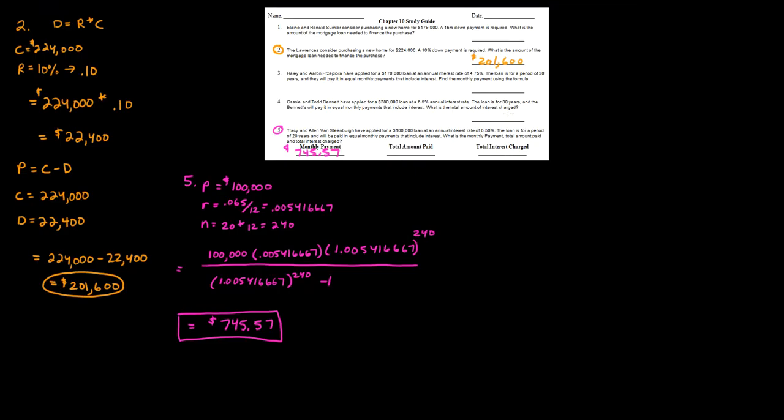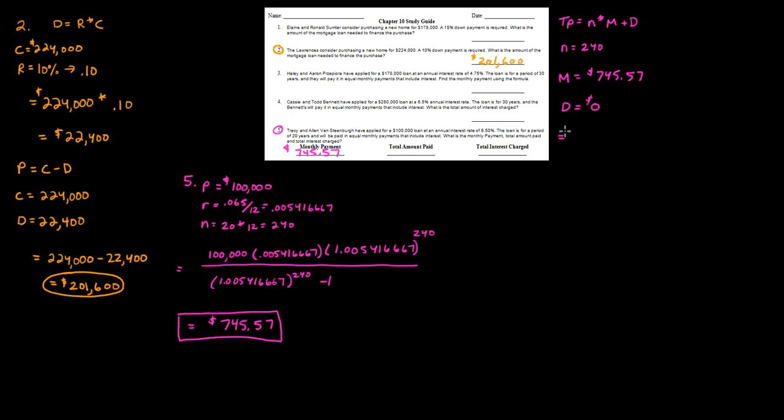My total amount paid. The total payment is going to be the number of payments times my monthly payment plus my down payment. My number of payments here, we said it was 240 because it's a 20-year loan. My M is my monthly payment, which we just determined was $745.57. I did not have a down payment, so that's 0.